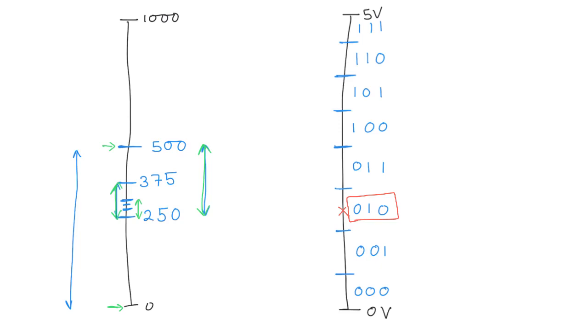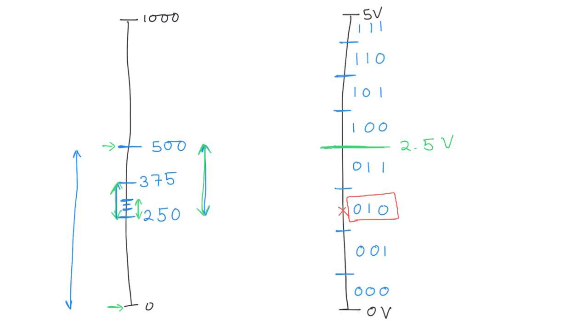Now, how does the successive approximation register do this? In the first step, it compares the analog value with the middle value of the range, let's say 2.5 volts. Then we find out that our analog value is smaller than 2.5 volts.